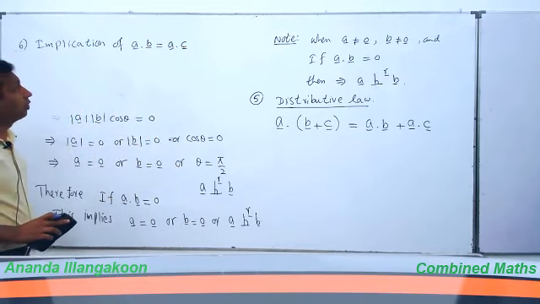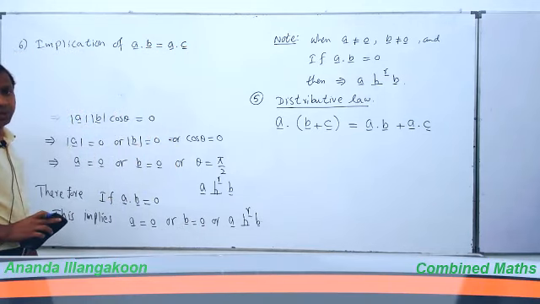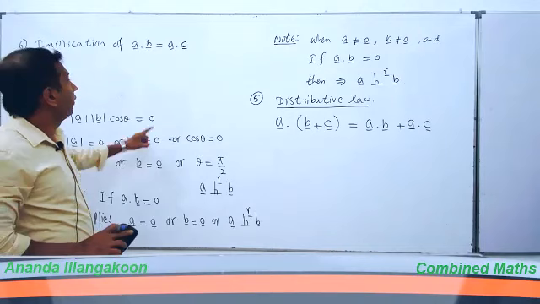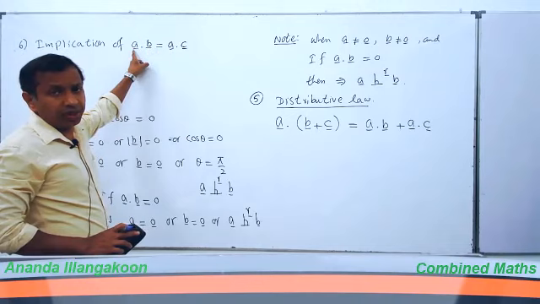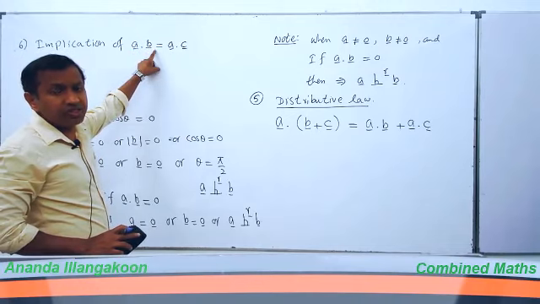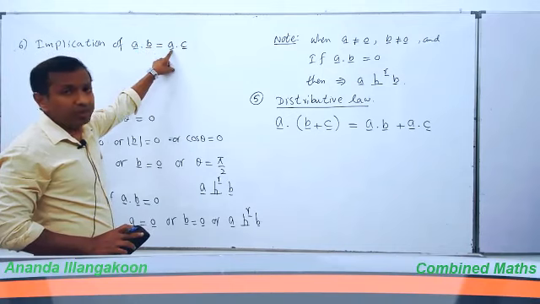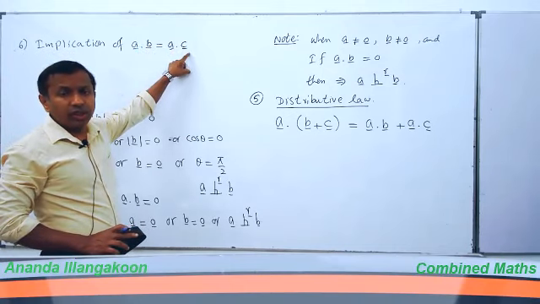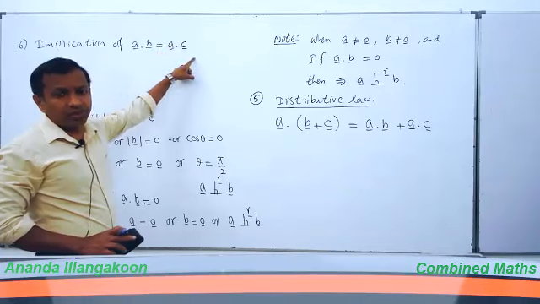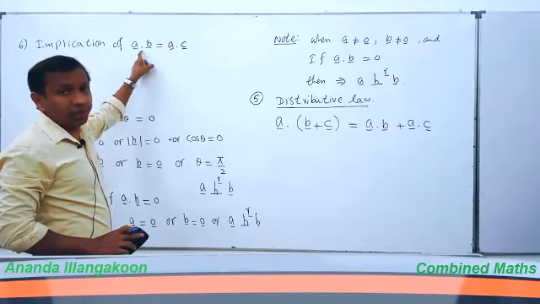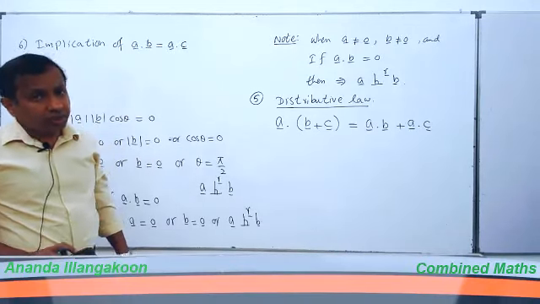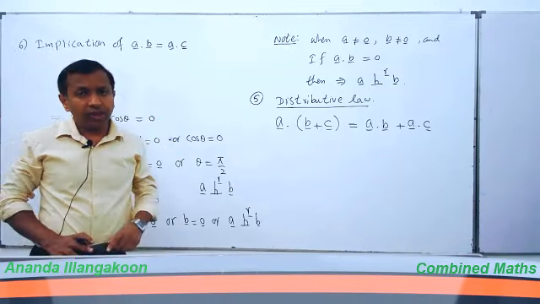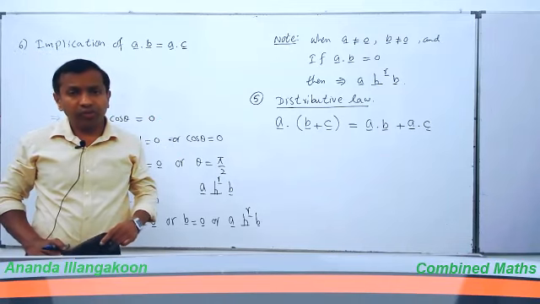People, at once, you might get the idea that here we have A. With this A, vector B is taken the dot product. With the same A, vector C taken the dot product. The two results are equal. Since both sides we have A, this B and C vectors should then be equal. That kind of idea you might get.